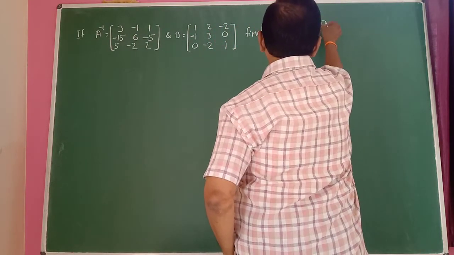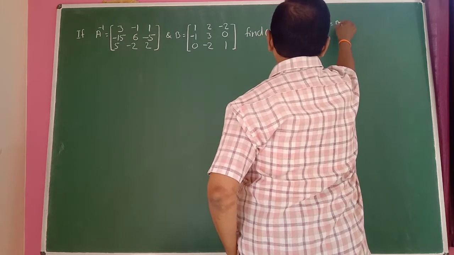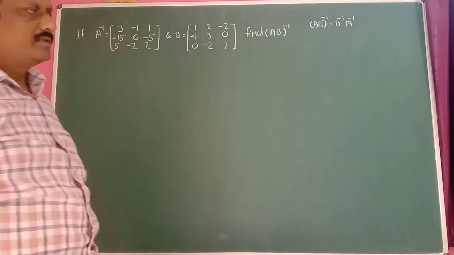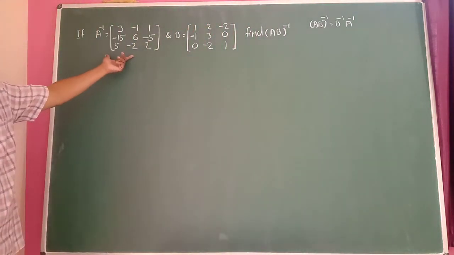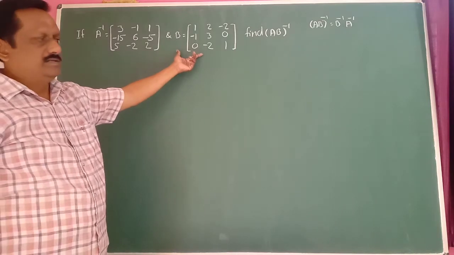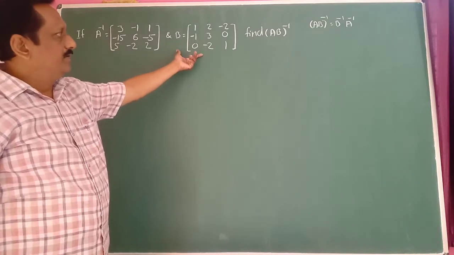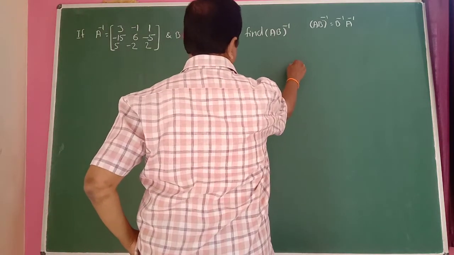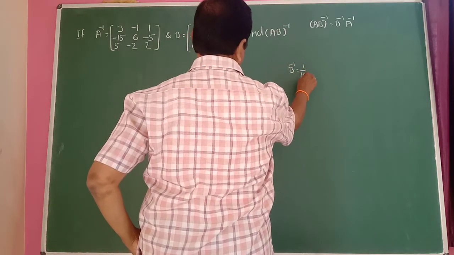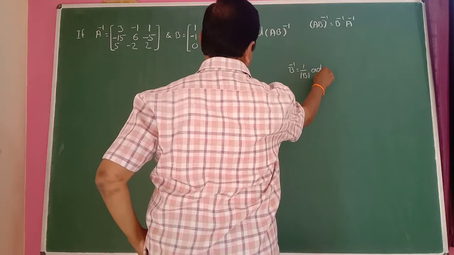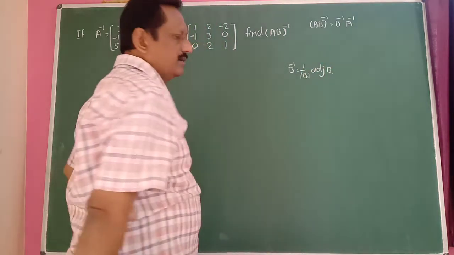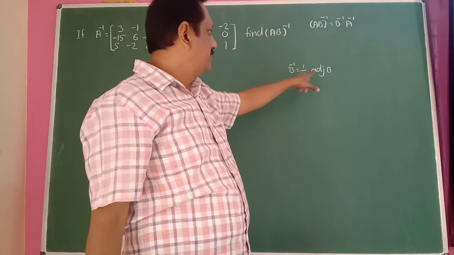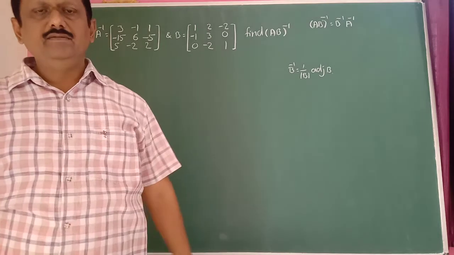AB inverse is equal to B inverse into A inverse. This is the formula. So you know A inverse, you have to find B inverse here. Therefore, you know that B inverse is equal to what here? Formula is 1 upon determinant of B into adjoint of B. Therefore, find the determinant of B as well as adjoint of B and use this formula. Then you find the B inverse here.